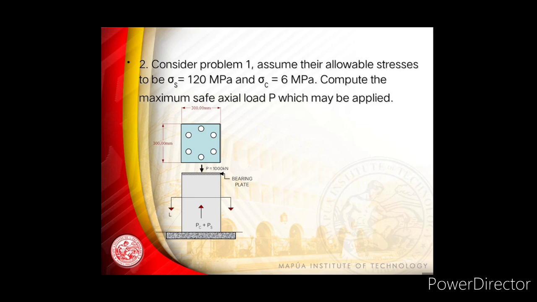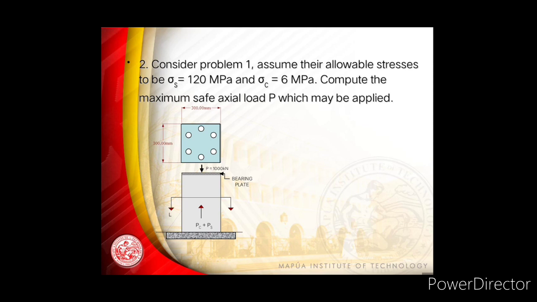Let's go to number 2. We have to consider the figure in problem 1. Assuming that the allowable stresses are the stress of steel equivalent to 120 megapascal and the stress of the concrete as 6 megapascal. These are the allowable stresses of your steel and concrete. We want to compute the maximum safe axial load P which may be applied. So this one we are going to now compute the force P. In problem number 1, we were solving for the stress.